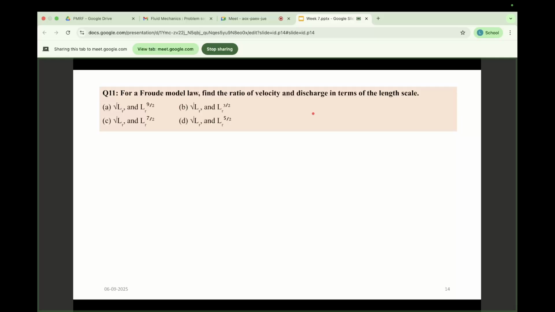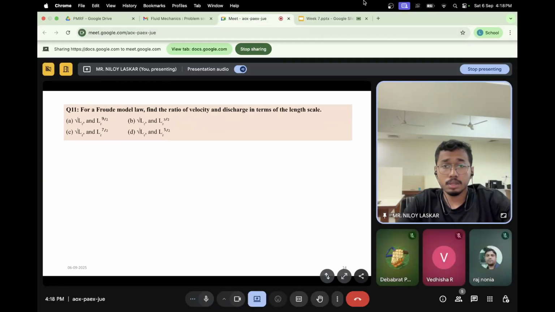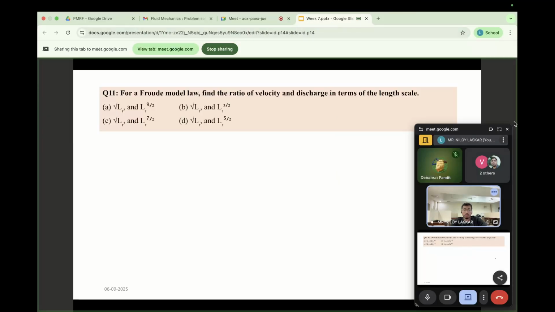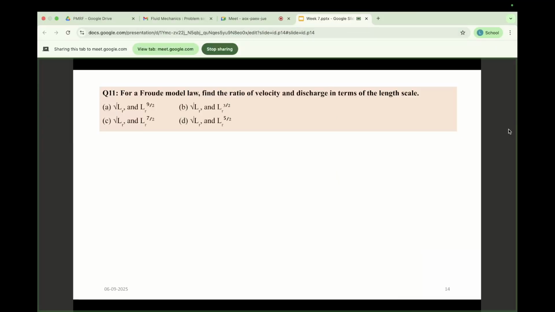So similarly, since this thing is given, it is basically this concept of Froude number. So what is this concept of this Froude number? Let us assume in two cases, a model is there, a prototype is there, right?